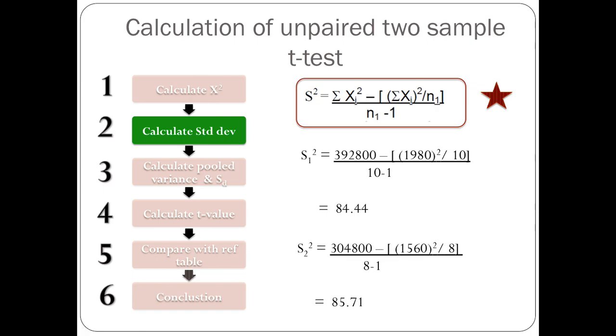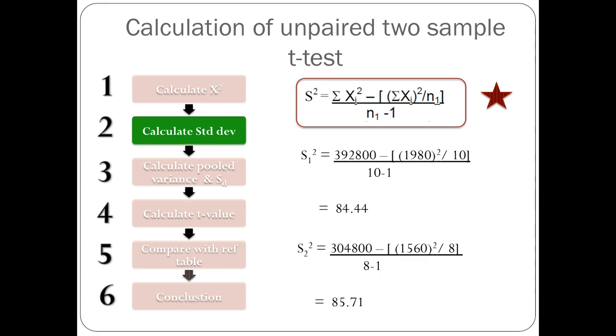So calculate it, and the total sample size is 8, so you divide by 8 minus 1, which is 7, so it's 85.71. So you calculate the standard deviation for two groups separately, unlike for your paired, where you calculate the standard deviation for the differences between the two groups.